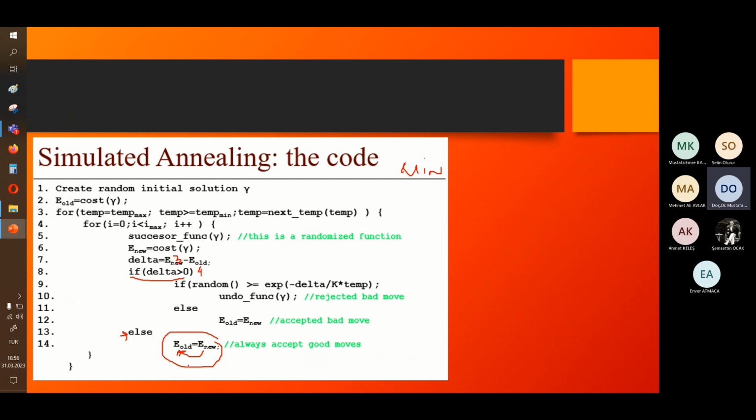Of course, it is assigning the fitness values, but in the meantime, we should be keeping the positions as well. So it is missing in here. So if the new solution is better than the old solution, we will be accepting it. If it is worse than the current solution, in hill climbing we were rejecting it, but in simulated annealing, we are checking whether we should accept or reject it.